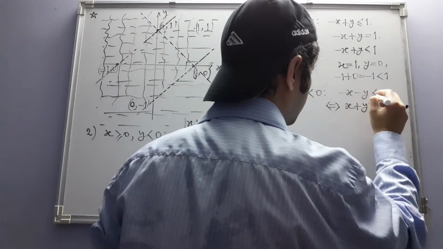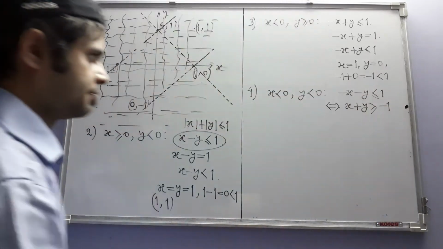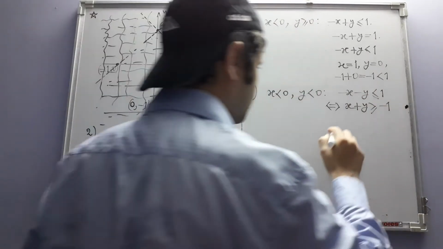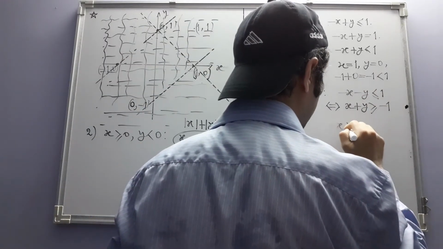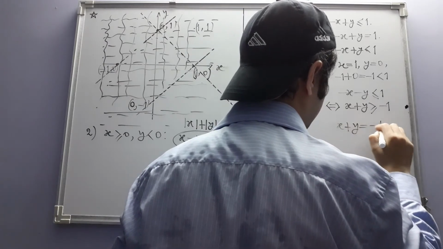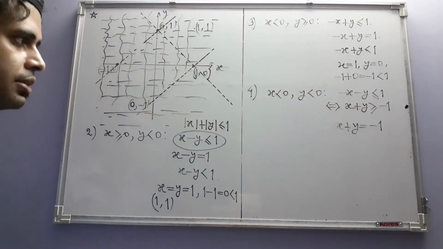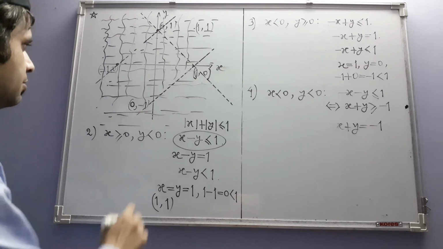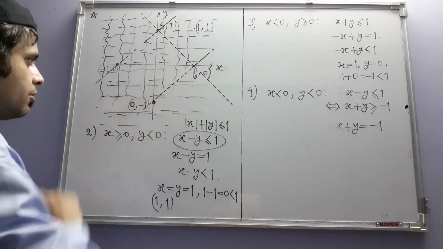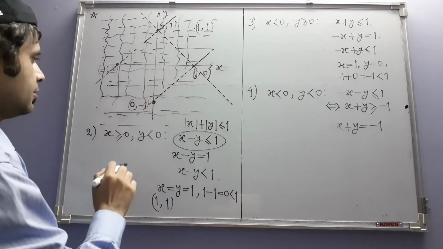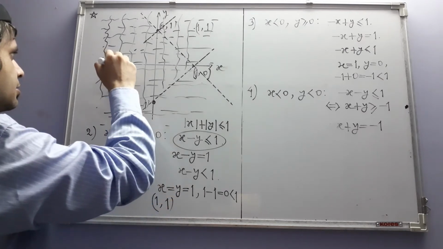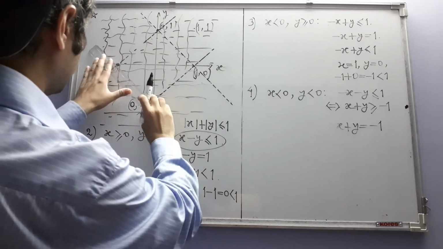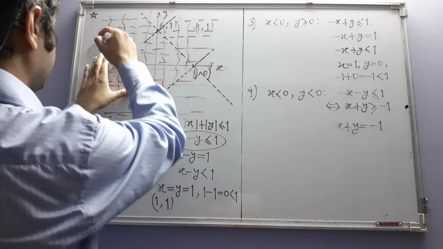Now here the equation is x plus y equal to minus 1. If x is 0, then y is minus 1. So this is a point on this final straight line. And if y is 0, then x is minus 1. So this is another point. So the other line is this one.